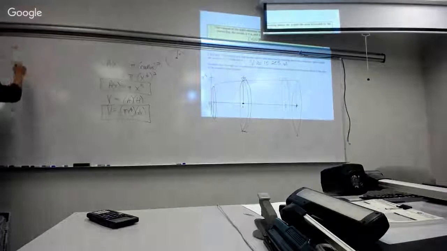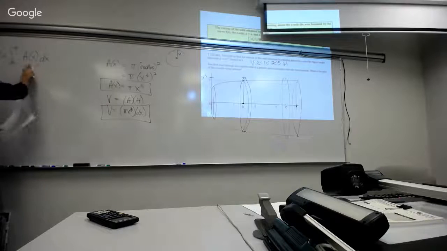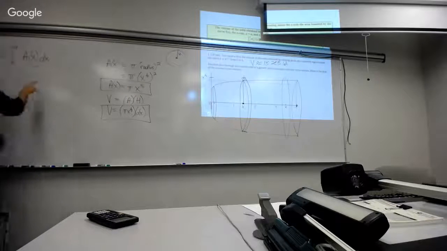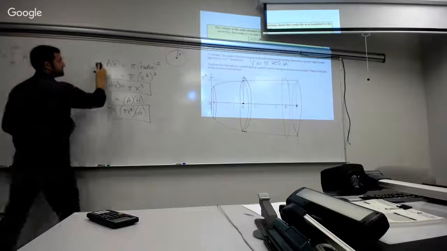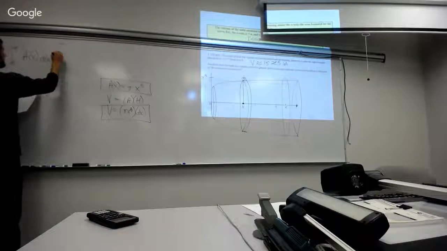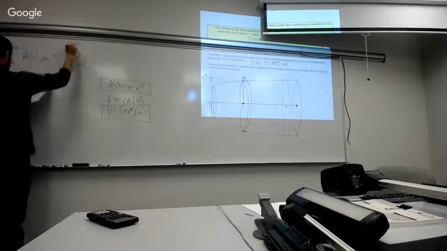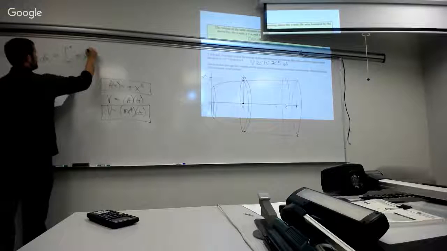And the area of each disk, which we calculated to be pi x to the 2/7, and then the dx represents the infinitely thin nature of each one. So our volume formula equals the integral from 0 to 4 of pi x to the 2/7 dx.